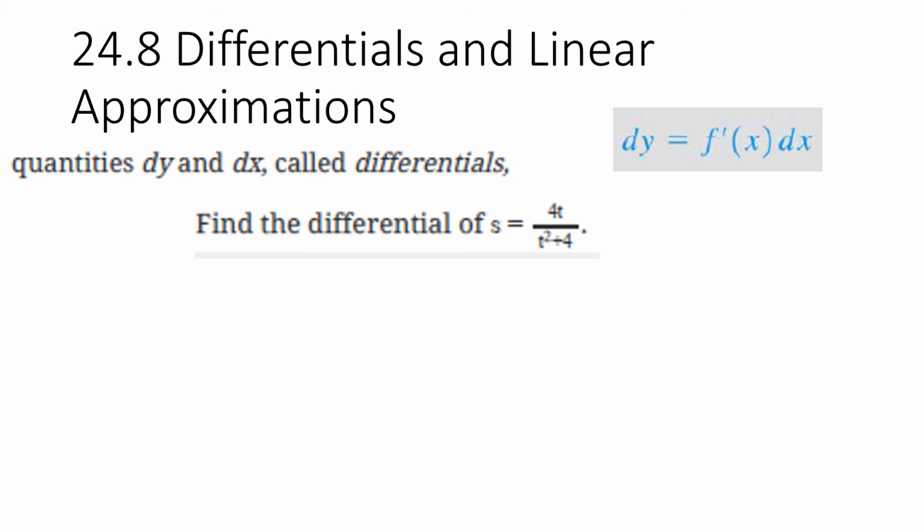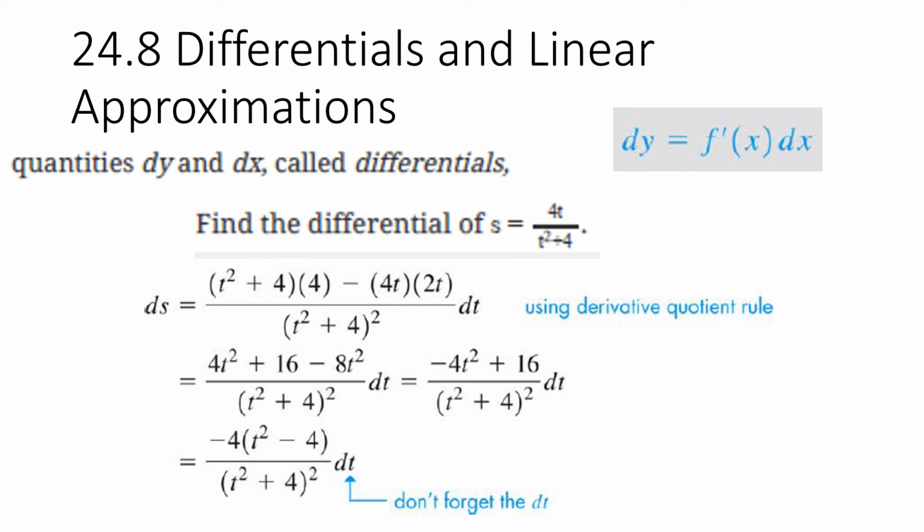So here, instead of x and y, we're using s and t. So s is a function of t. s equals 4t divided by t squared plus 4. To do the differential of s with respect to t, I would have to use the quotient rule, the top part being, let's say, u, and the bottom part being v.